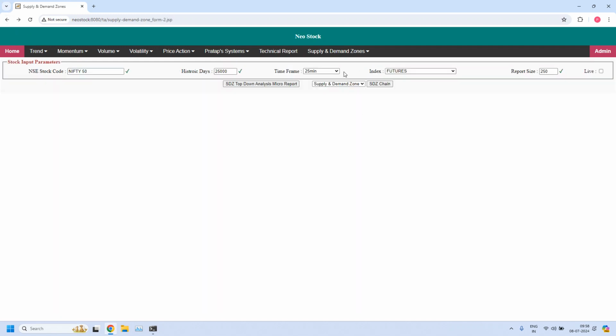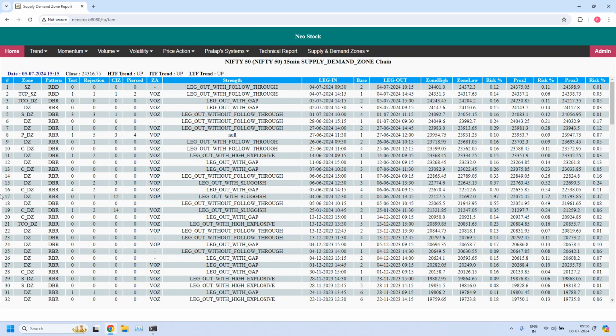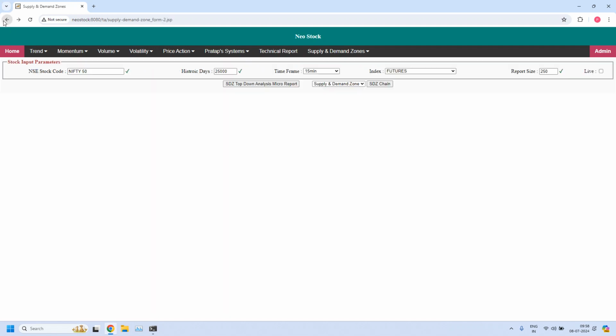Going back and generating the 15 minutes supply demand zone chain for Nifty. High liquidity supply zone, but it is pierced already. I am going back, generating the 5 minutes supply demand zone chain for Nifty.